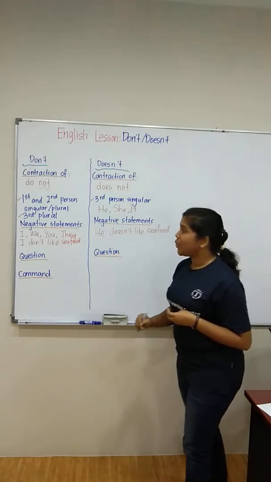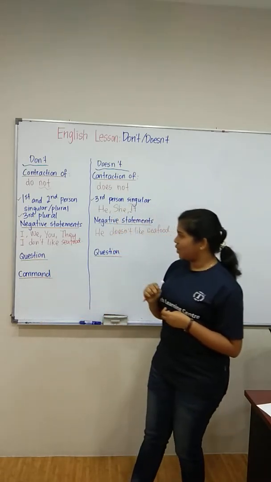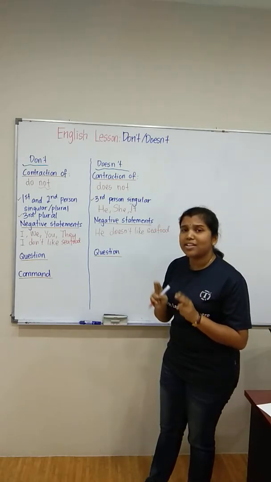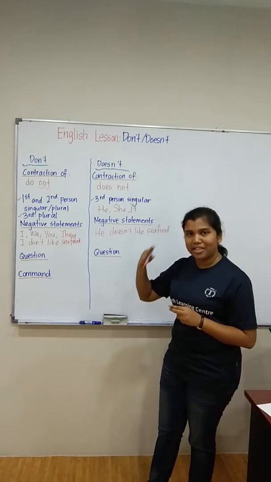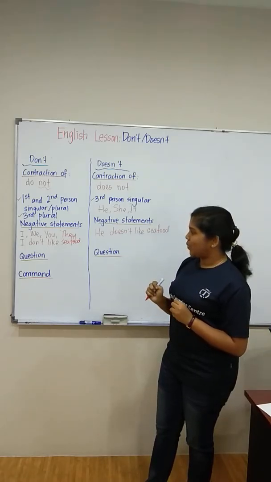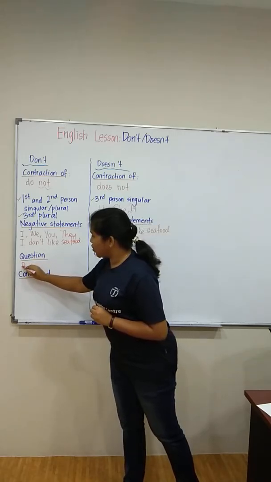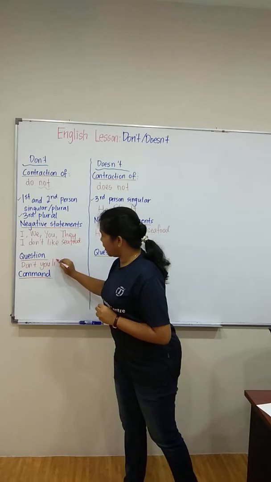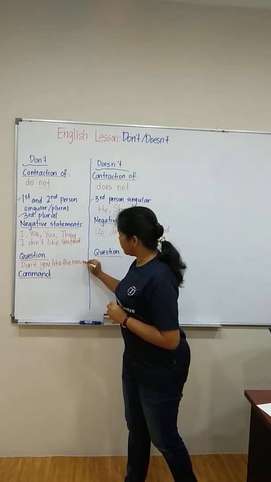Because the next one, we are going to see our question form. To start with the question form, I'm going to use just one example here so that you can generate the other examples. So let's take, okay, don't you like the movie?